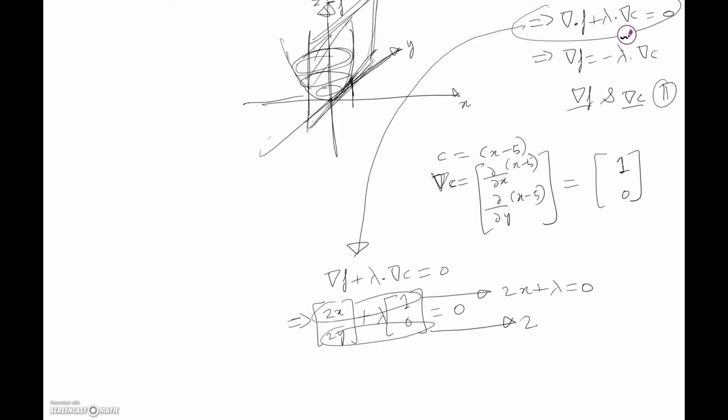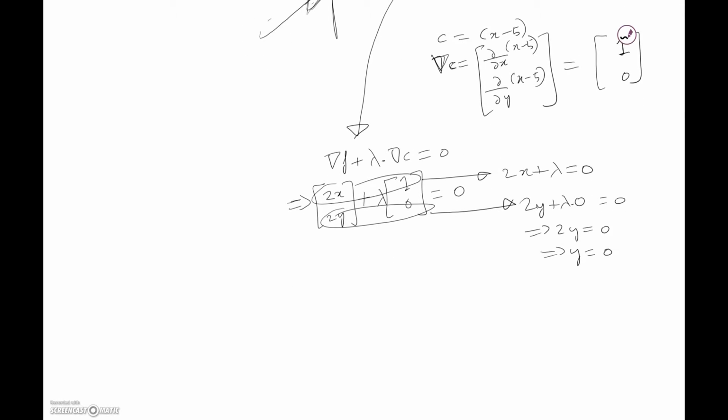Along the y direction, it says that 2y plus lambda times 0 equals 0, which implies 2y equals 0, which implies y equals 0. So we require at the optimum point that y be 0, and we already know that x should be 5, because that's what the constraint is, and hence the optimal point is x equal to 5, y equal to 0, and z equal to 5 squared plus 0 squared equals 25.